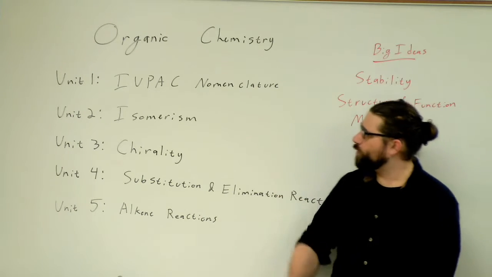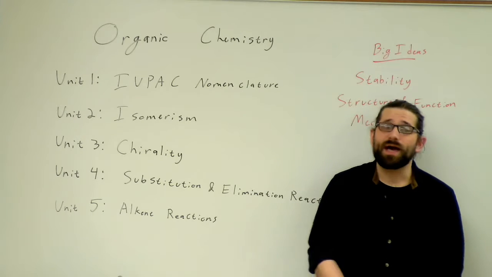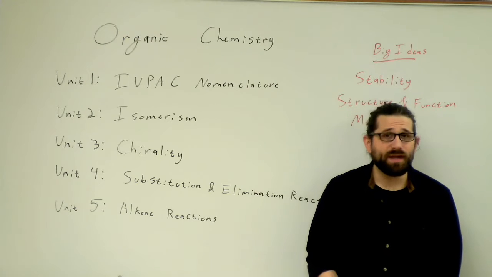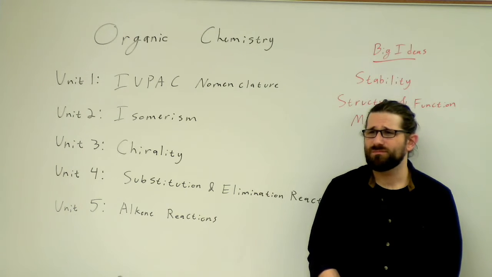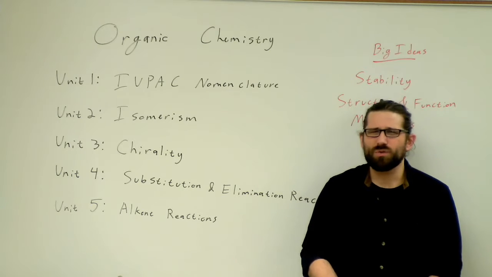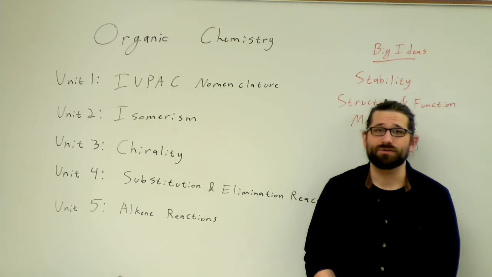The next point we're going to make is chirality. Chirality is a very subtle point. Within organic chemistry, it can seem very nuanced, very technical, and almost silly. Why should we worry about that? But within biological systems, chirality is everything.